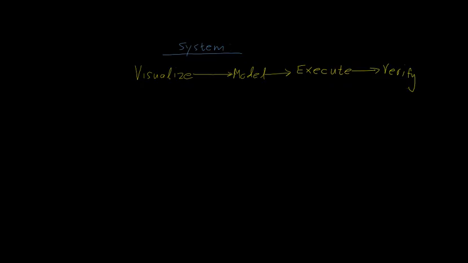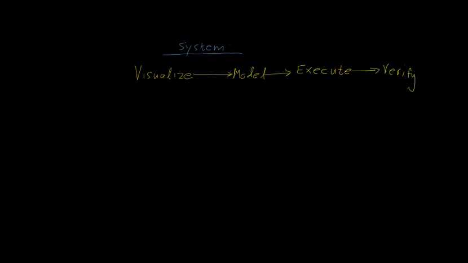Then you go to modeling it. What I mean by model is you take what you visualized from the phenomenon and you draw it, or you can use a computer simulation, it doesn't matter, as long as that simulation or drawing is consistent with what you visualized, and you assign variables and quantities that make sense. Then you're on the right track. And then from the model, you want to execute.